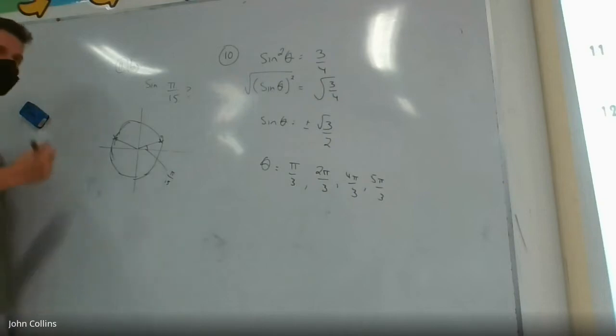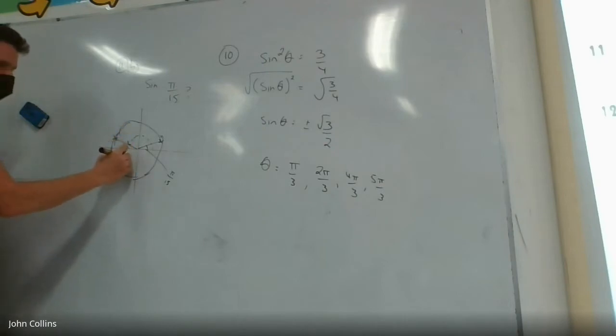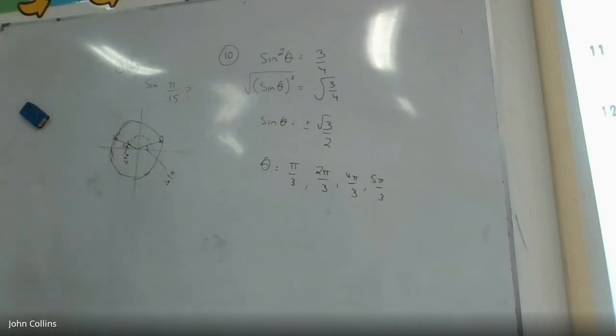How do I find out what that angle is? From here all around to there. Yeah, so we know this is pi. We subtract this angle in here, which has to be pi over 15 as well. If 15 pi over 15 is pi, it's always easy to do that.